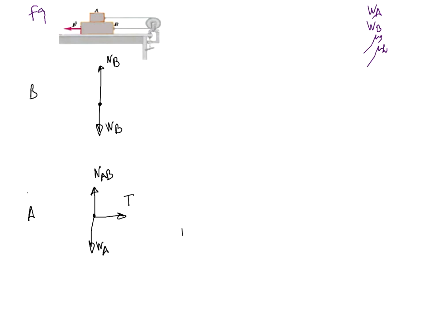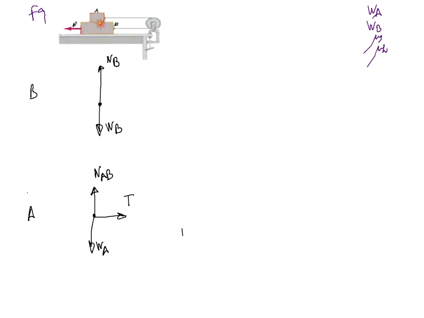So if we only stick with the definition of the normal force and we identify the fact that B is in contact with the table, therefore there is a normal force from the table acting on B, that's NB. But B is also in contact with object A, and the surface between A and B is above B and also horizontal.